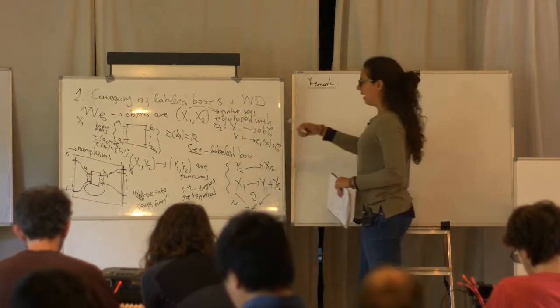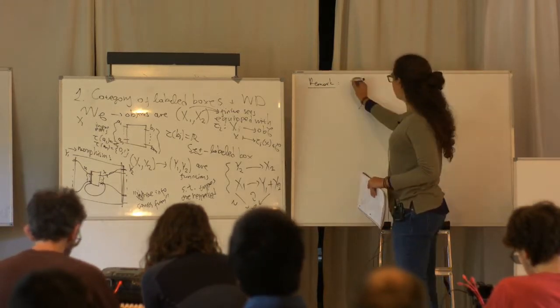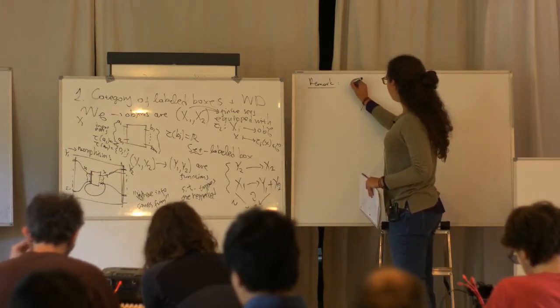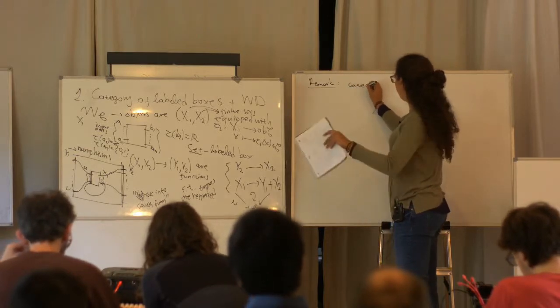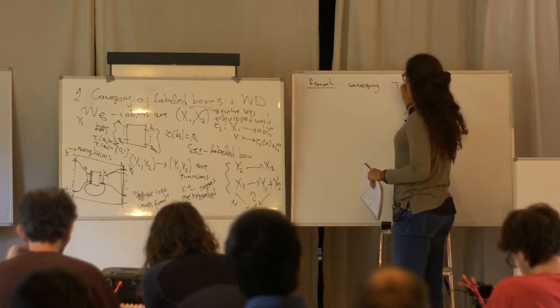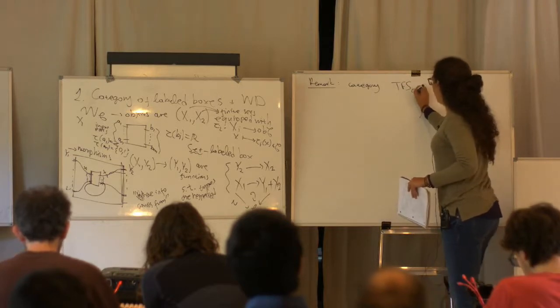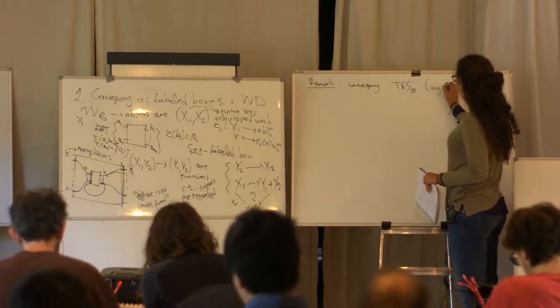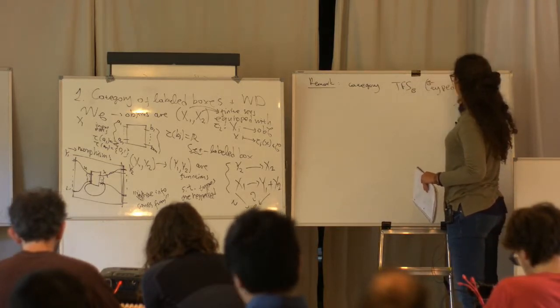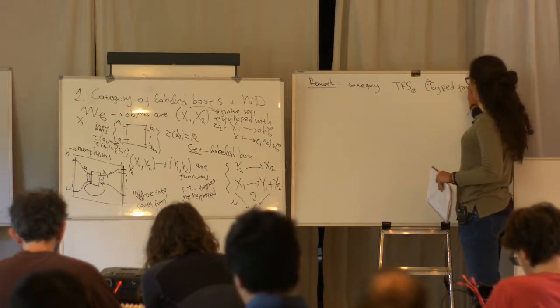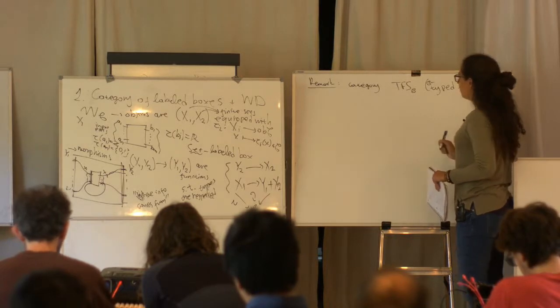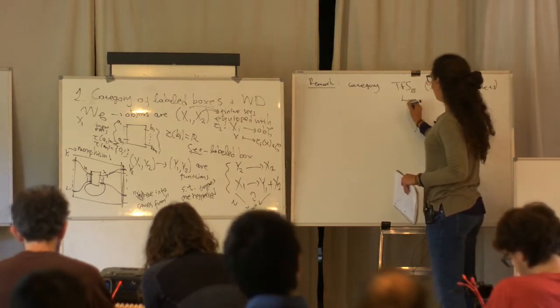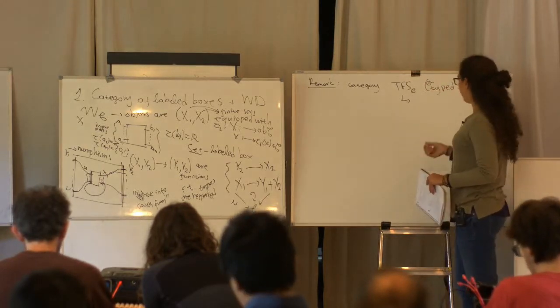So there's an underlying category which I didn't specify, but it's not so hard to see. There is a category I've been using here, TFS sub C, which are the C-typed finite sets. Okay, so what is so nice about them? Well, the objects are exactly what we've been talking about.